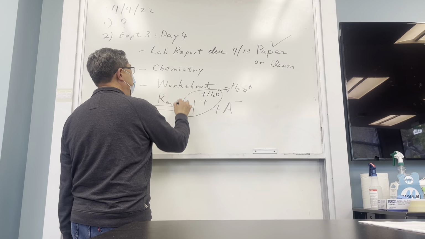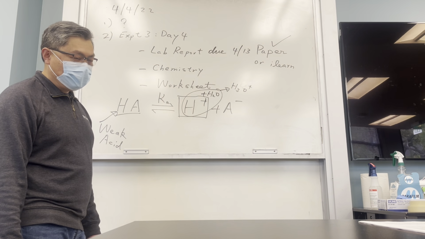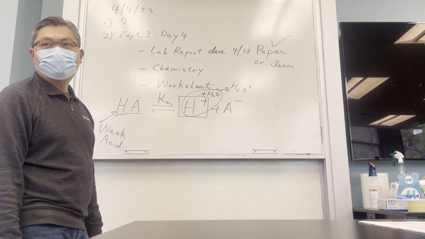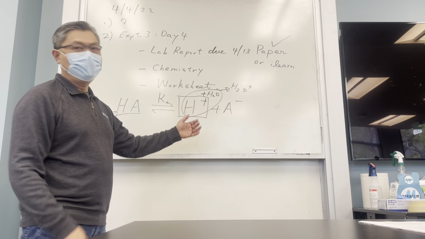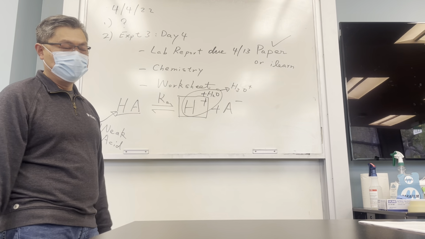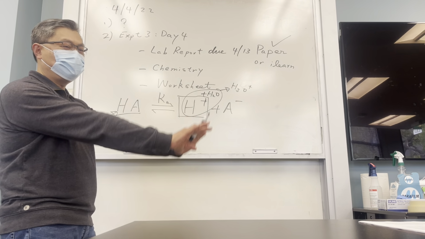And then we have A-, which is the anion, the conjugate base. It goes back and forth because it's a weak acid. Because it's weak, it's not completely dissociated. So it goes back and forth, and then you have the equilibrium, and that is a K, capital letter K.